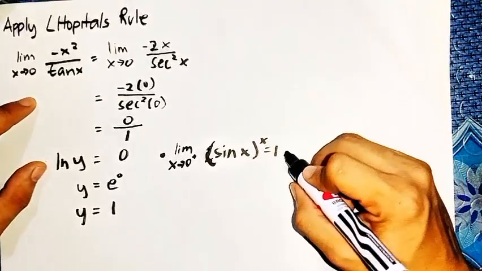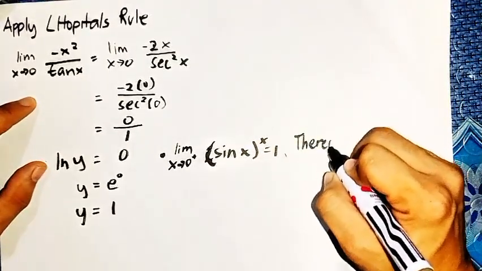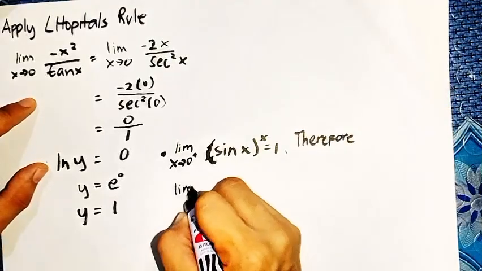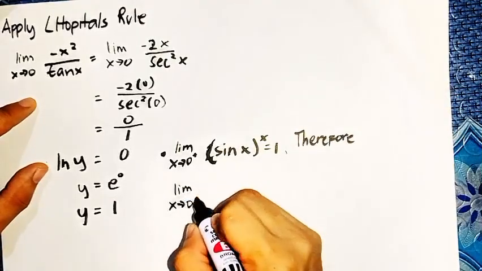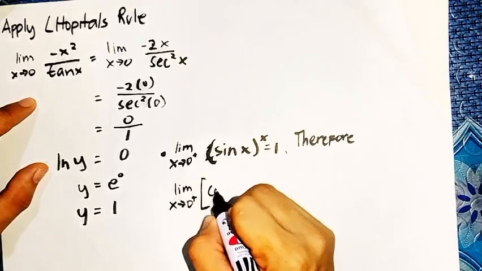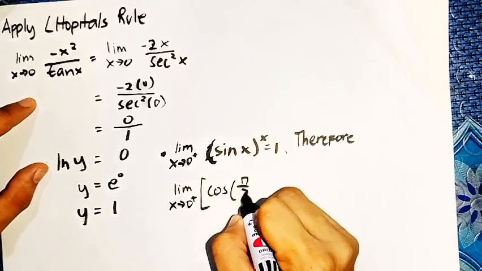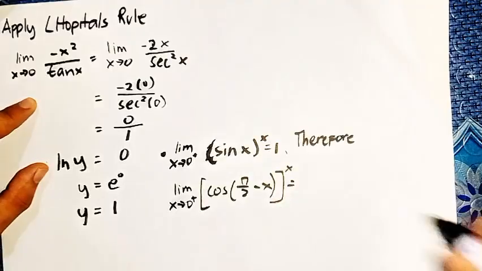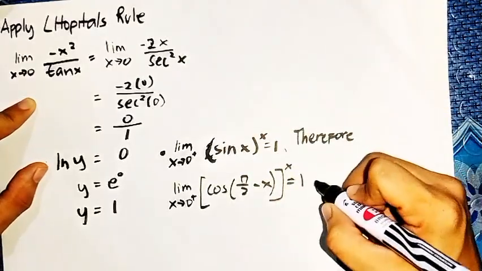Therefore, the limit as x approaches 0 of cosine of pi over 2 minus x, to the power of x, is also equal to 1.